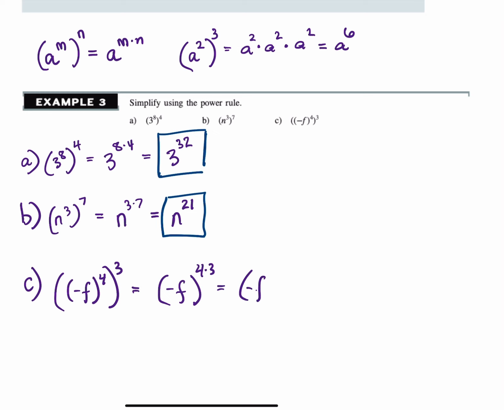So negative f to the 12th power. So if you have a power raised to a power, the powers will multiply. Whereas if we had a multiplication of 2 powers, the powers added together.